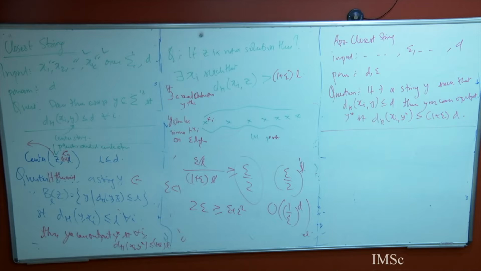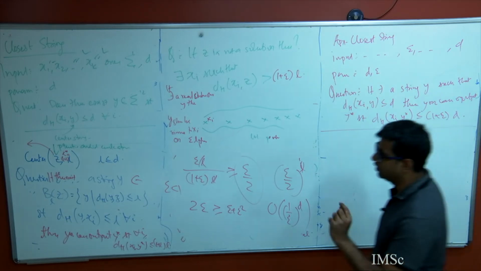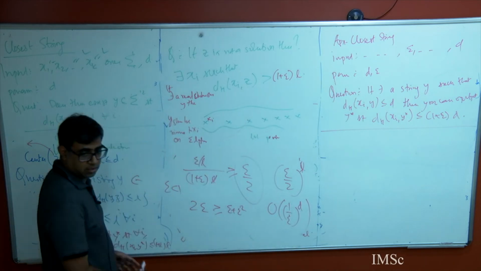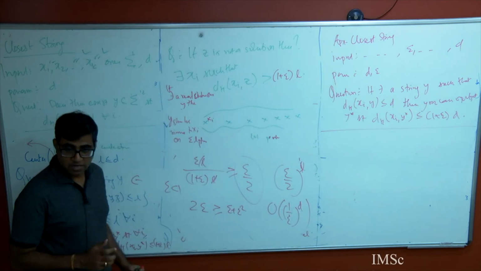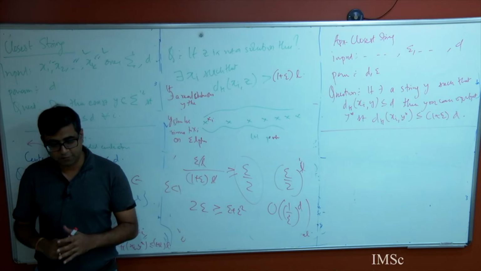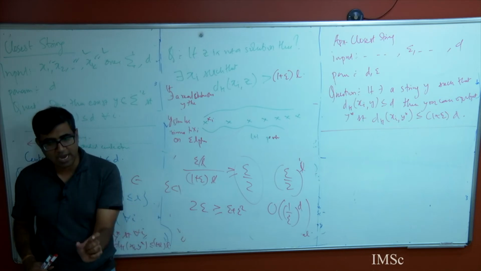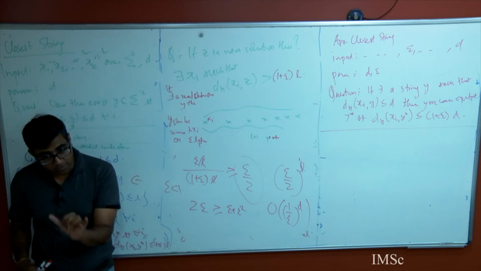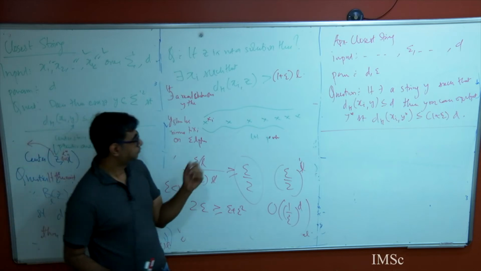So yes? I didn't understand this. Why should it be equal to xi in epsilon L places? Look, if I have a real string, what is the promise given to me? The promise given to me is there is a string which differs from all the strings only at L places. Okay, fine.